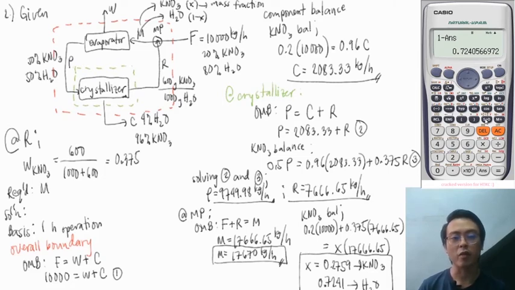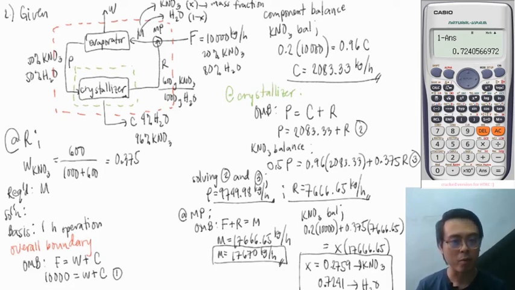Sometimes it would be very beneficial for you to start with the overall boundary so that you can solve for other variables first before going to the individual boundaries like the crystallizer, the mixing point, and etc. In this case, it's okay if you start with the OMB of the mixing points, and then once you realize that you don't have enough information, you can proceed with the material balance for other units in the hopes that you would get more information. And then you could always return back to the equations.